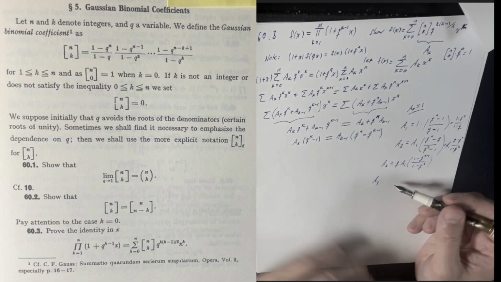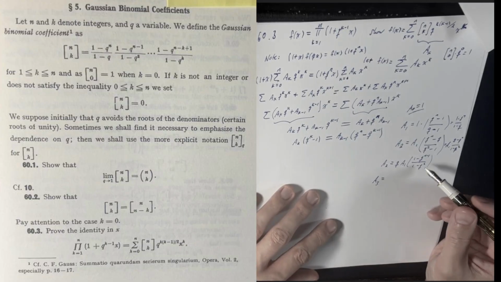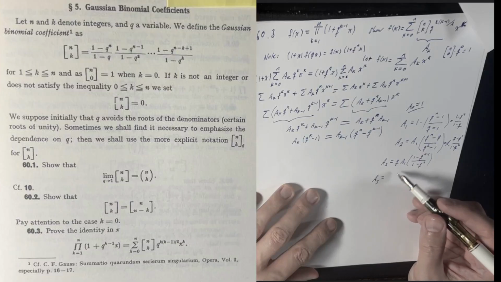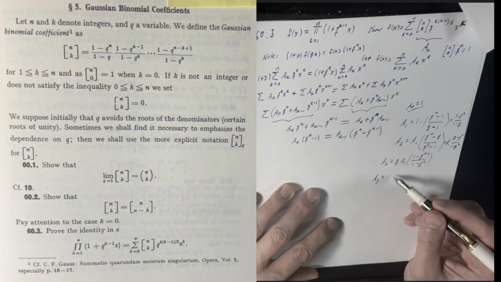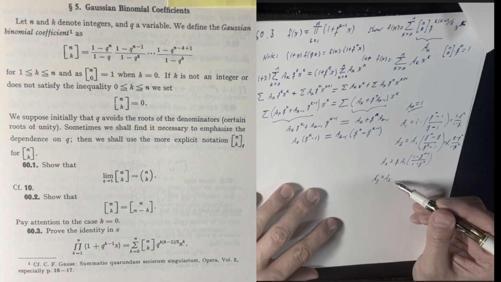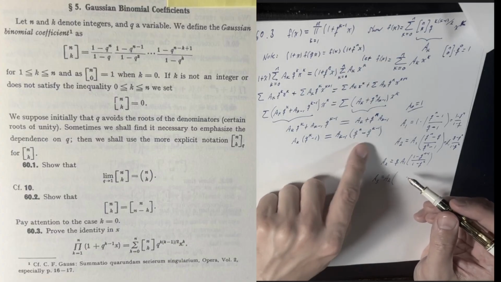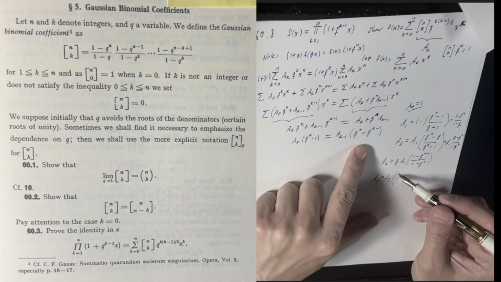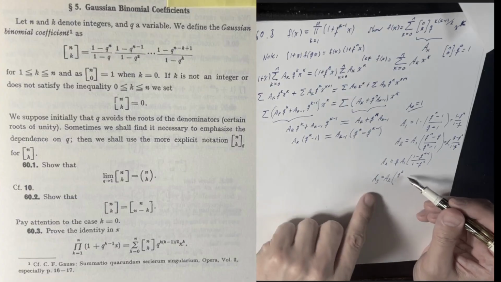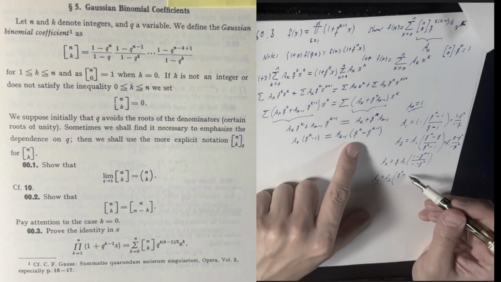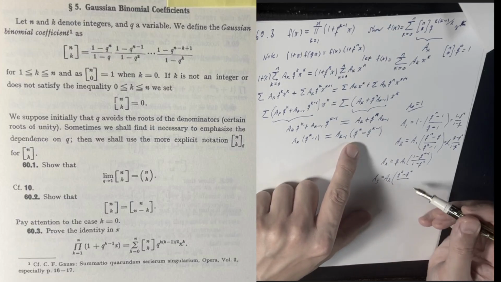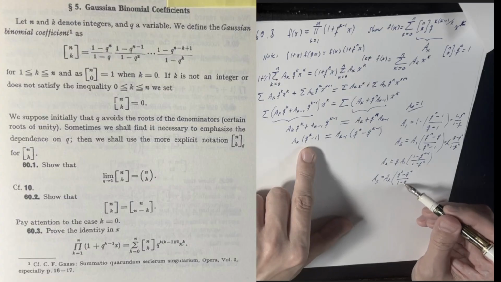If you look at a_3, so here's a_2. We're going to put that here. Well, I'll just write a_2. And then we'll get our formula of q to the 2 this time, minus q to the n. And then downstairs we get 1 minus q to the 3.